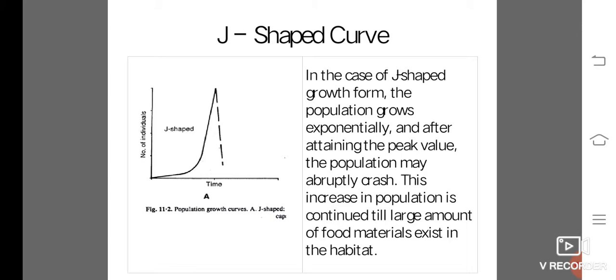After some time, due to increase in population size, food supply in the habitat becomes limited, which ultimately results in decrease in population size. For example, many insect populations show explosive increase in numbers during the rainy season, followed by their disappearance at the end of the season.